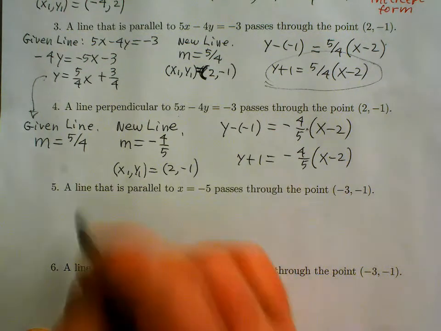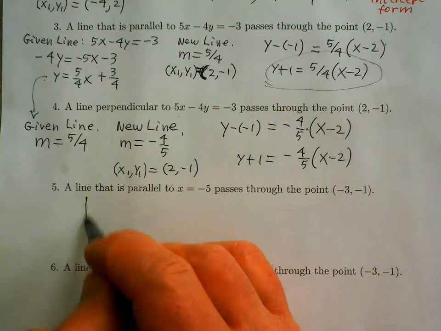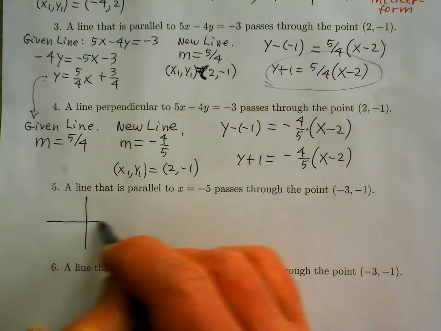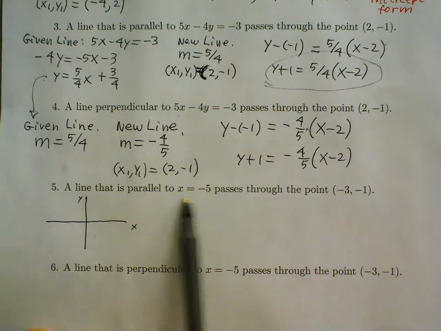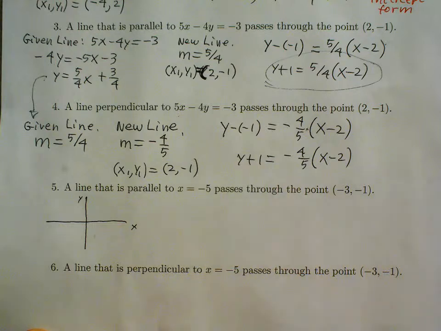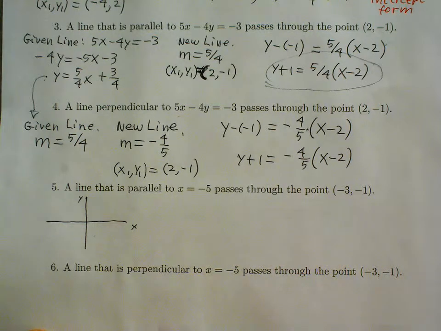Okay, in the xy plane, what does the line x equals -5 look like?